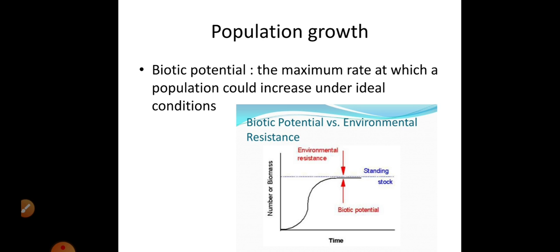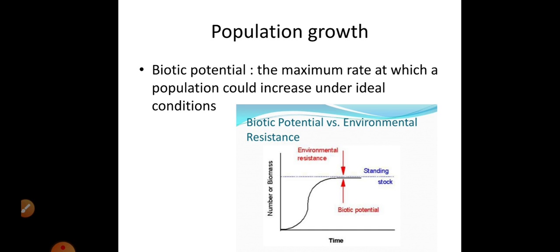Okay, the population growth. If all conditions are good in this environment, the population will grow with time.